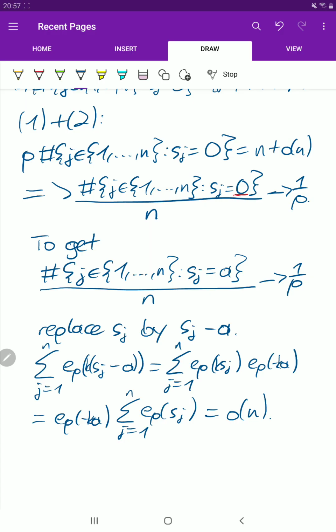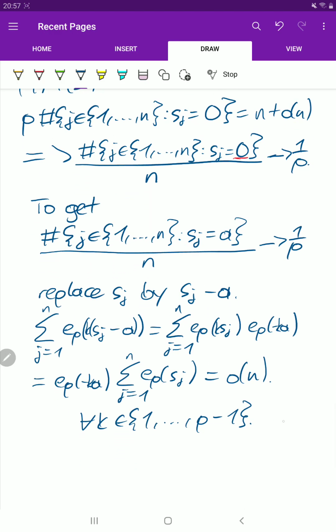In any case, this is a small o of n for all k in 1 up to p minus 1, which means we can apply what we've proven so far to Sj minus a, and we get the conclusion that this converges also to 1 over p. And this proves the theorem.